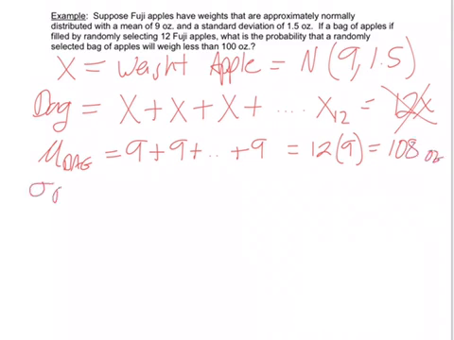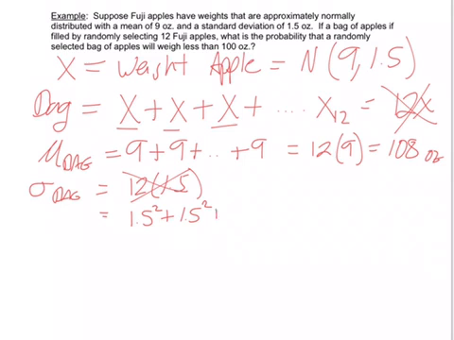The standard deviation for the bag of apples, though, is tough, because what people want to do, the temptation, is just to think it would be 12 times 1.5. But statistically, that's actually not right. And this is what confuses some people. Because we're adding up 12 individual things, what we have to do is add up the individual variances. So it'd be 1.5 squared plus another 1.5 squared all the way out to that last 1.5 squared.